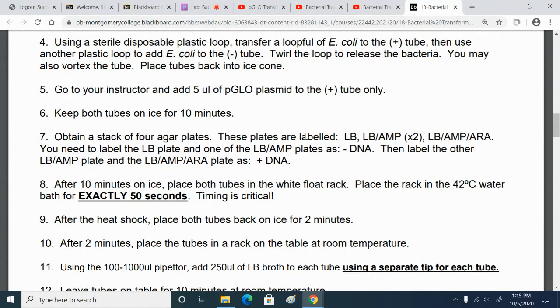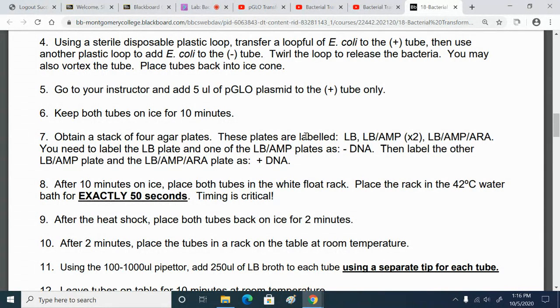And you label just the plain LB agar plate and one of the ampicillin plates minus, and then the other LB ampicillin plate and the ampicillin and arabinose plate, you label plus. So 2 plates will be for the minus tube and 2 plates are for the plus tube.